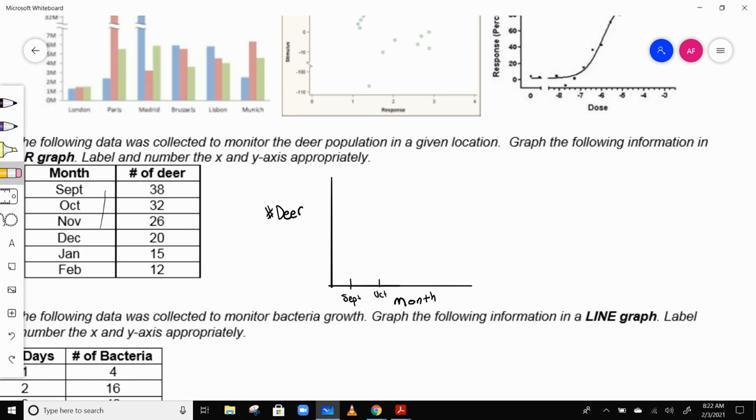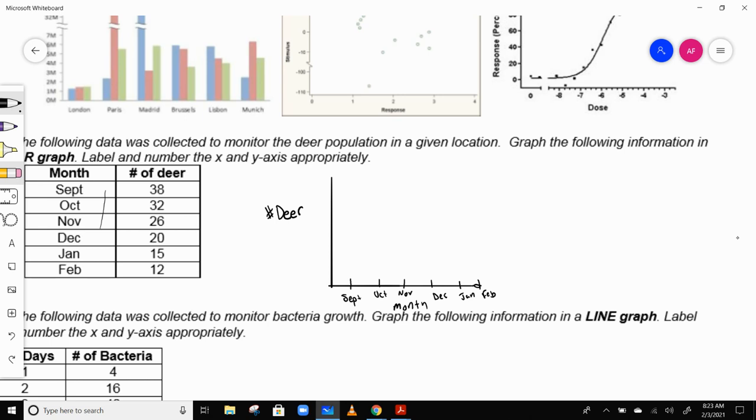I really should have written month down further. I'm trying to do this in this small space here. And then next comes November, and then December, and January, and February.